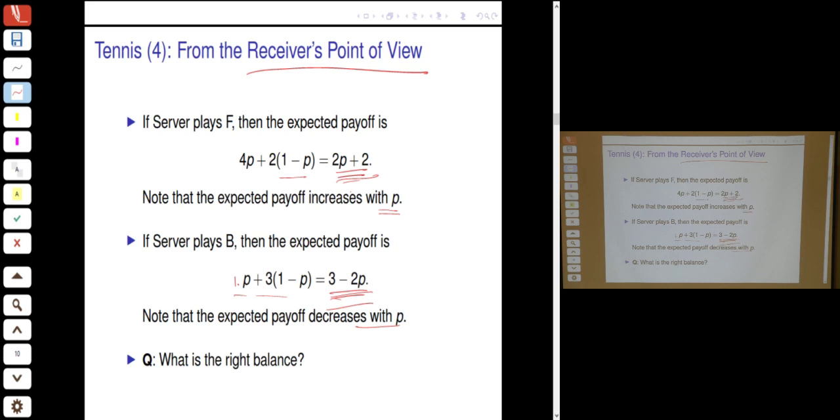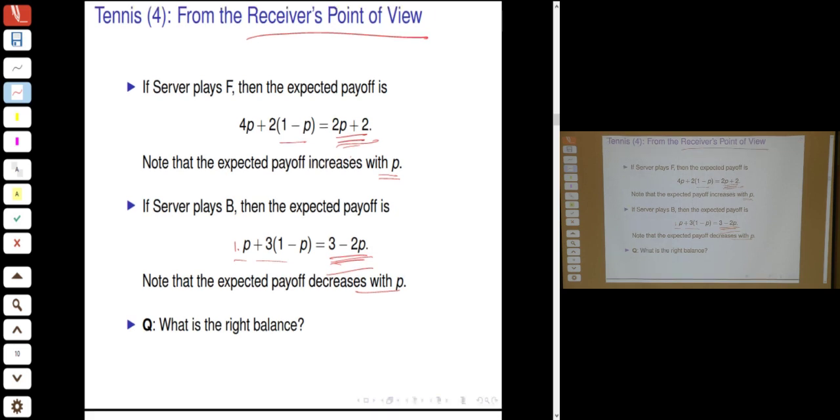So he has to choose P in such a way that he is okay in both cases. That's the goal. So the question is the right balance, because if P is large, the first case is very good and the second very bad. If P is too small, the second case is very good and the first very bad. So P has to be balanced in some way. How do we find the right balance?